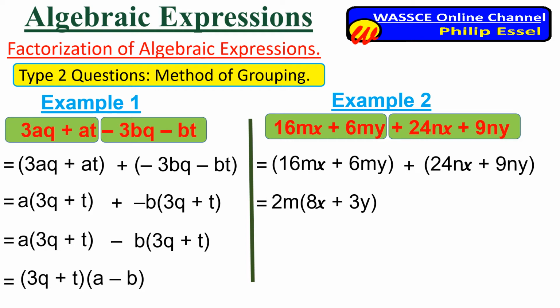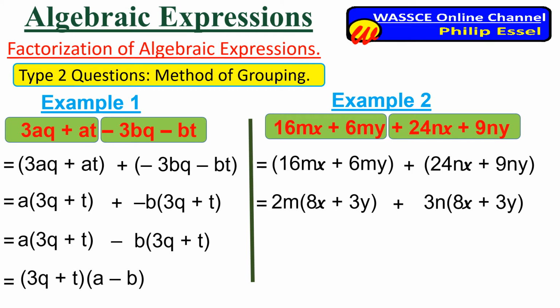Let's write our plus sign. We will then factorize the items in the second group. When we do this, we would get 3n outside of the bracket. Then within the bracket, we would have 8x plus 3y, bracket closed.